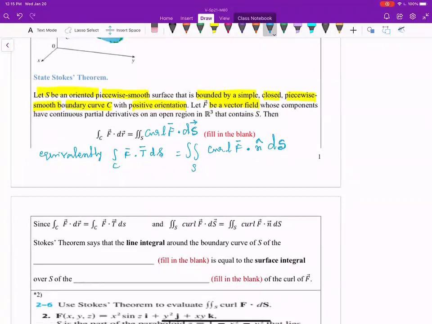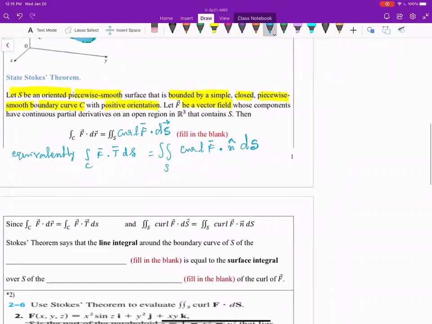So we can say the left-hand side. How do we get this left-hand side? Integral over C F dot dr. We already saw this idea before. Just to recap, the integral over C F dot dr can be written as the integral over C of F of r of t.